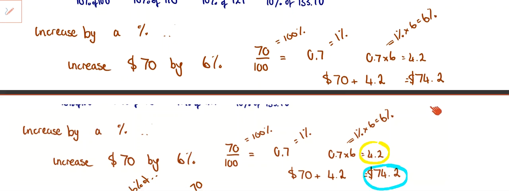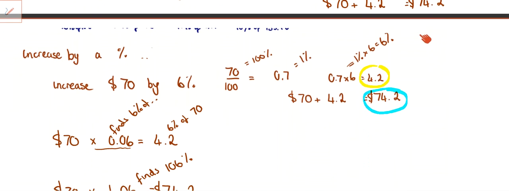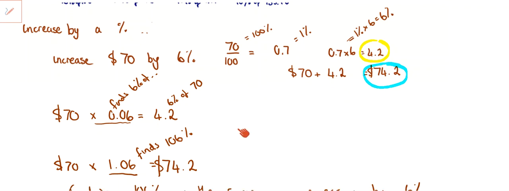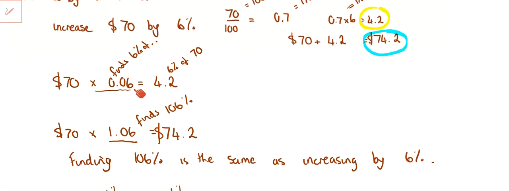But I did say there is a more efficient way. Instead of finding 1%, we could get 6% straight away by multiplying by 0.06. But I still have to add it on. But if I do 1.06, that does the adding on straight away.